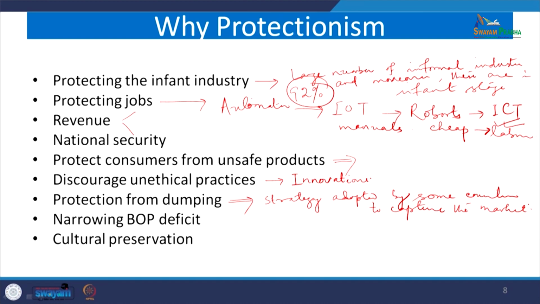Now, similarly, it is not just those reasons. Another important reason for protection is BOP deficits. BOP means balance of payments, which consists of three accounts: current account, capital account, and reserve account.